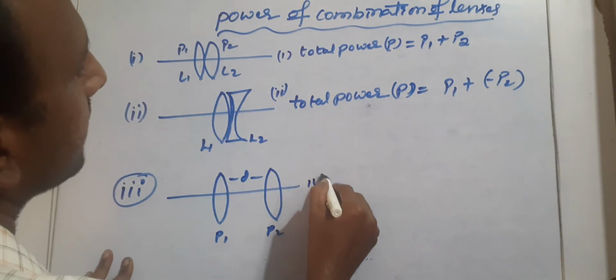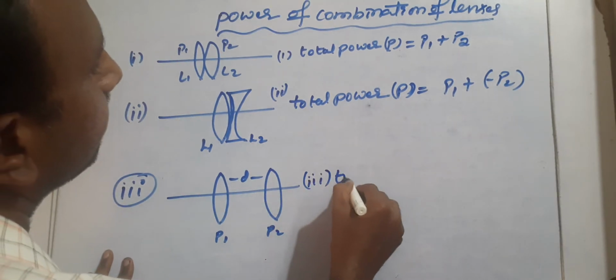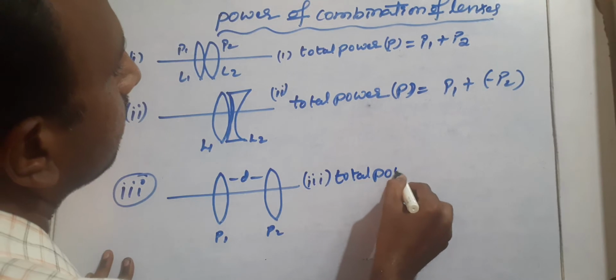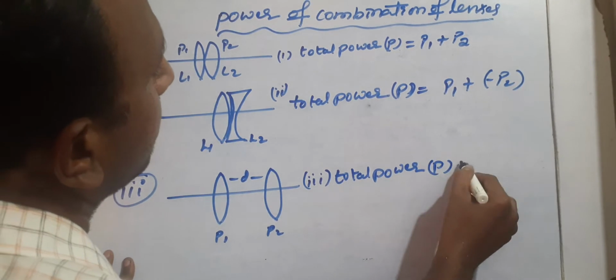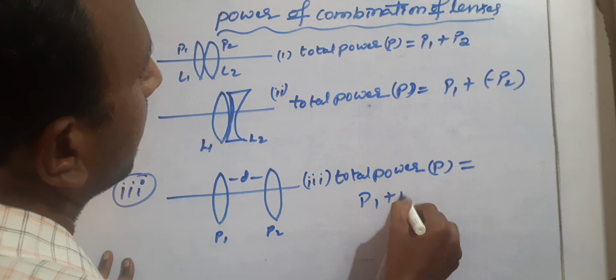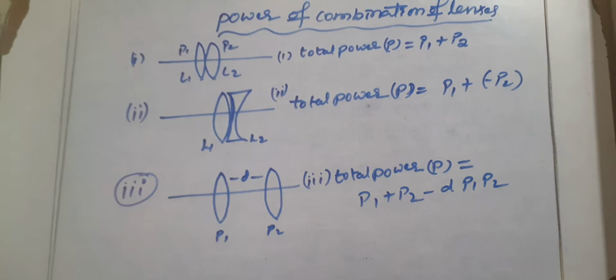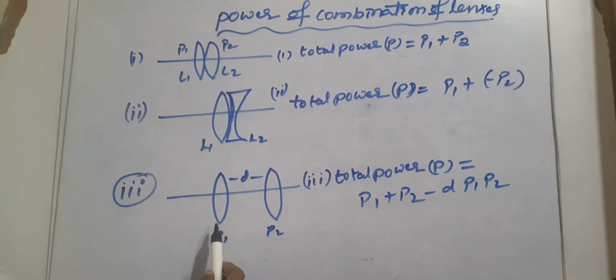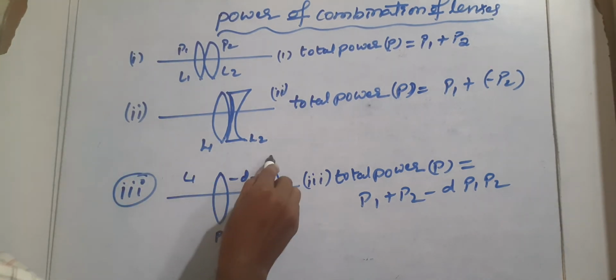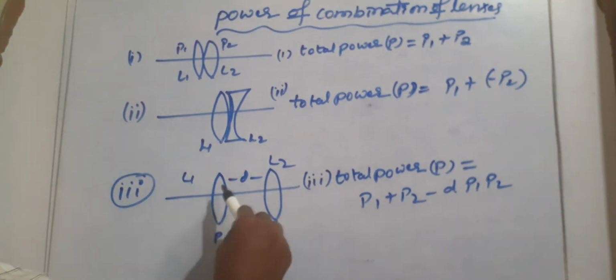In this case, the total or effective power of the combination P is given as P1 plus P2 minus d P1 P2, where P1 and P2 are the powers of lens L1 and lens L2, and d is the distance between them. Using this formula we can calculate the effective power or total power of the combination of lenses.